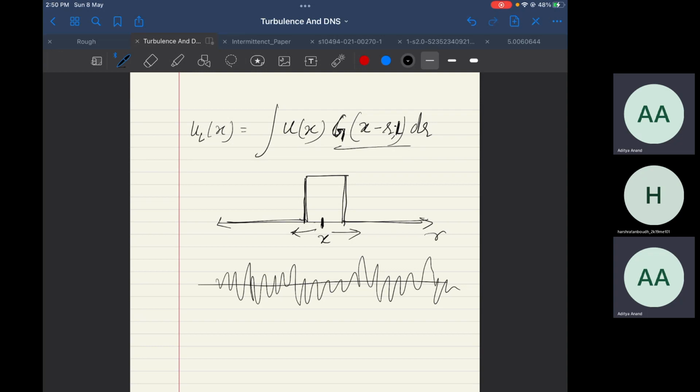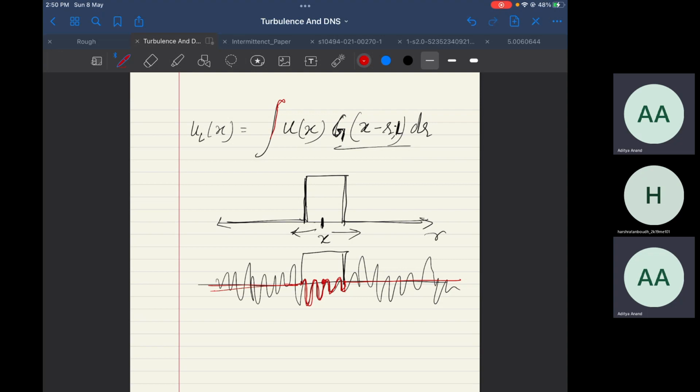Okay, so when you multiply these two, this filter will select out only this part of the signal. So it will select out only this one. Okay, and the rest it will drop to 0. And then when you perform this integral, it will take an average of all these velocities and replace the velocity at x.